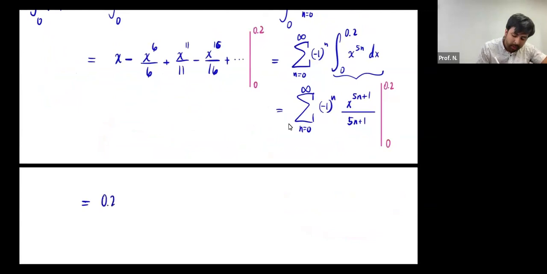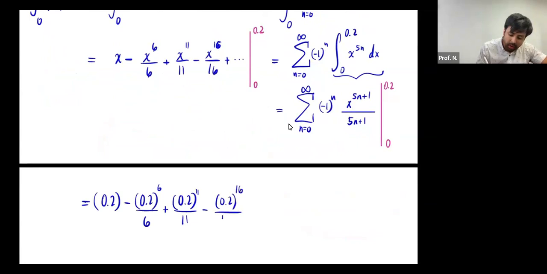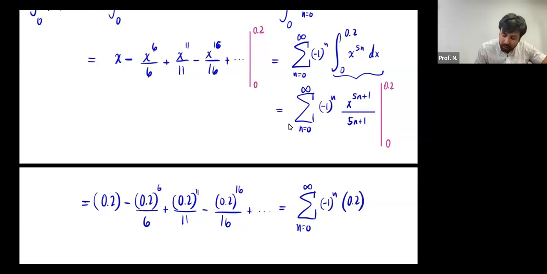I get 0.2 minus 0.2 to the 6th over 6 plus 0.2 to the 11th over 11 minus 0.2 to the 16th over 16 plus, and so on, which is the same thing as the summation n equals 0 to infinity of -1 to the n, 0.2 to the 5n plus 1 all over 5n plus 1.